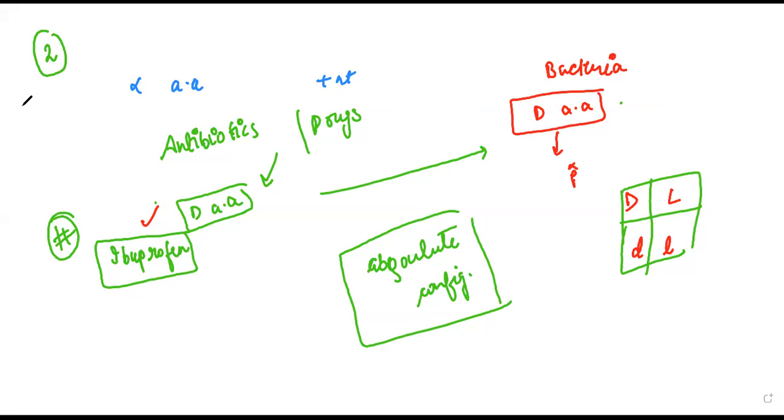Means L amino acids will form bonds with other L amino acids only. Similarly, D amino acids will react with D amino acids, and this D form of amino acids will relate with the D form of carbohydrates. So this antibiotic is designed to attack this type of amino acids.